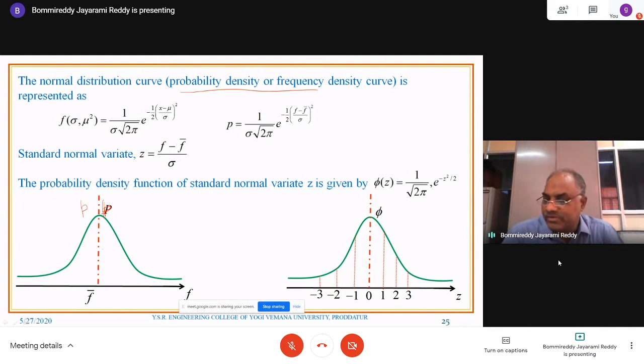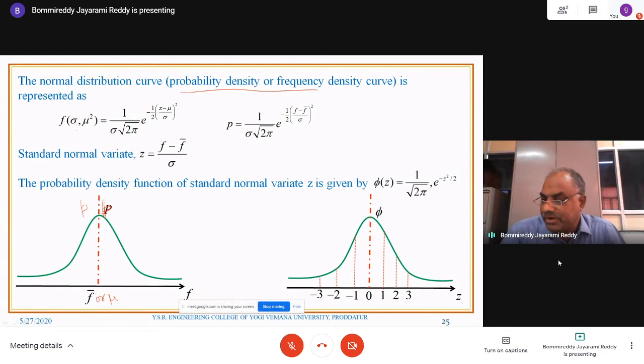It is always represented by sigma, the standard deviation, and mu, the average value. Sometimes, in place of F bar, we write mu. Mu is the mean of the normal distribution, which is exactly at the middle.